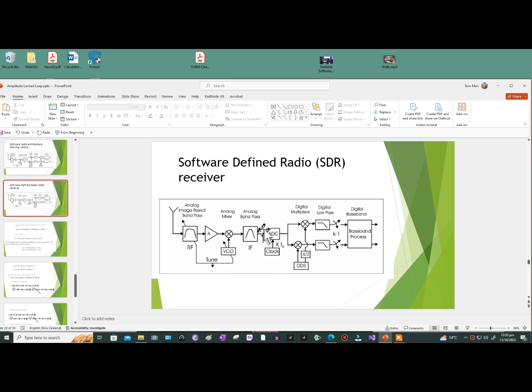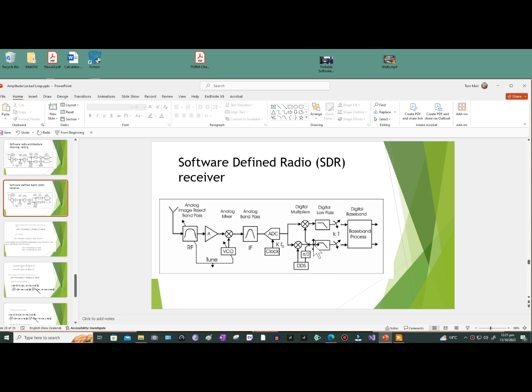So anyway, you can sample that, and then digitally you can multiply the signal by cos and sine. That's DDS, direct digital synthesis. And then low pass filter, and then downsample K to 1, and that gives you I and Q, the so-called quadrature and in-phase components.